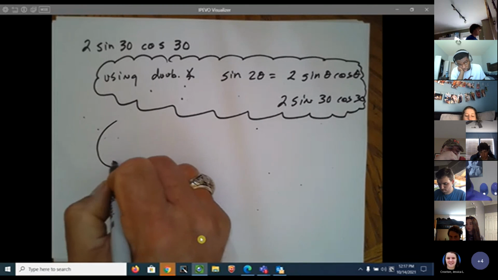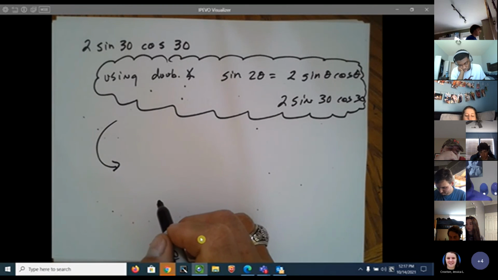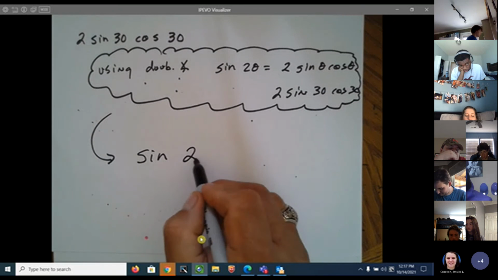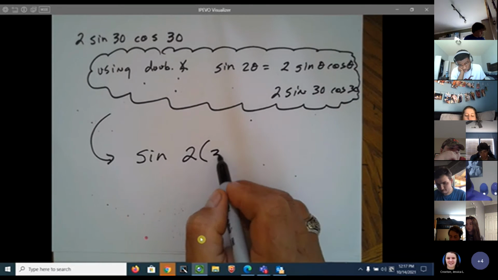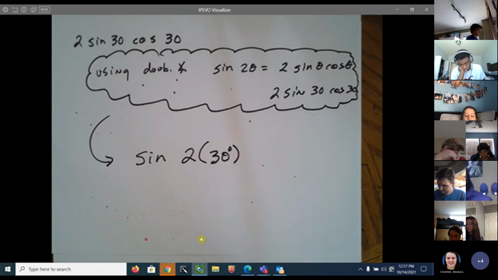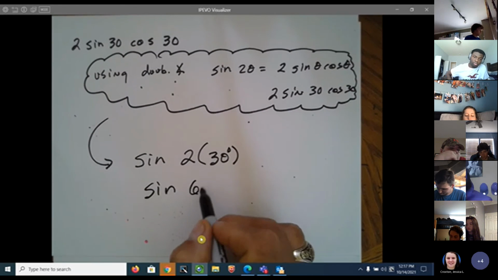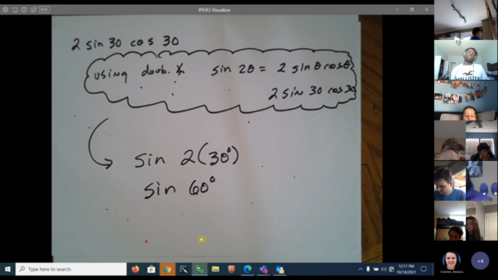Therefore, our answer is going to be something along the lines of what? Sine of 2 theta, which is 30, which is the sine of what? 60 degrees. Now, I'm going to let you finish it. Now, if you can't finish the sine of 60 degrees, then we need to have prayer meeting.